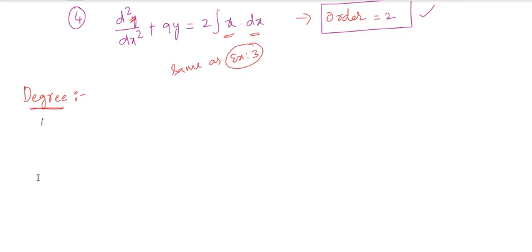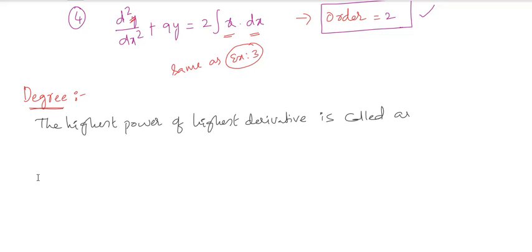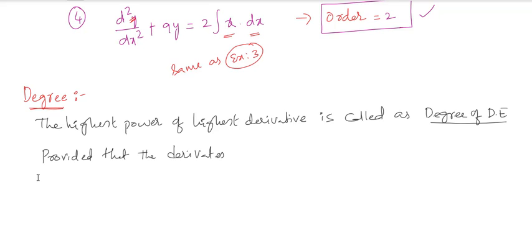The highest power of the highest derivative is called the degree of a differential equation, provided that the derivatives of a dependent variable should be free from the radicals.